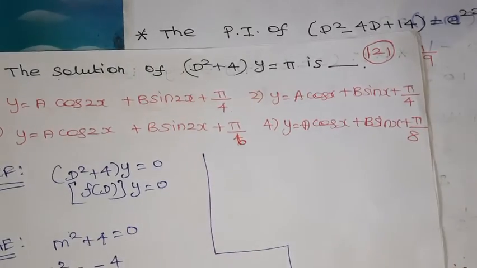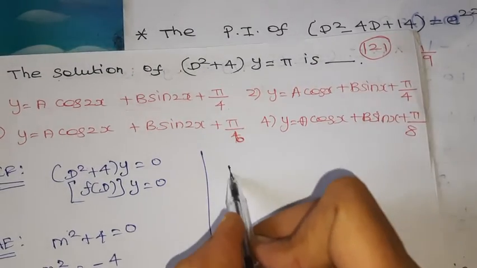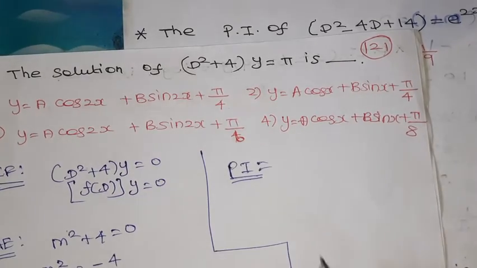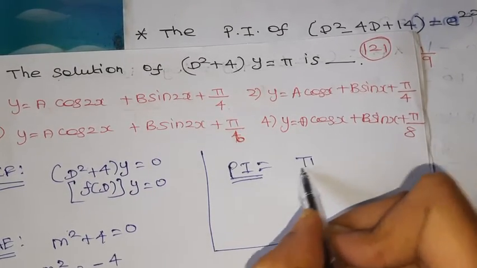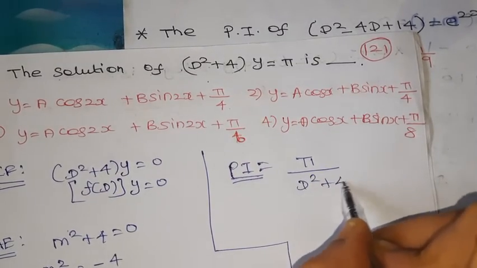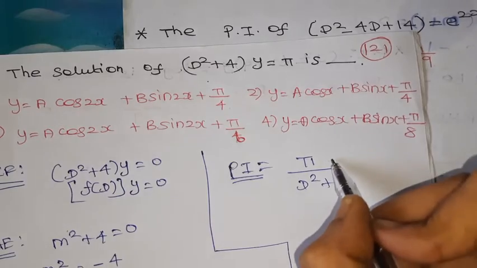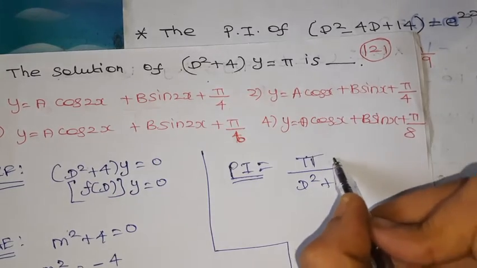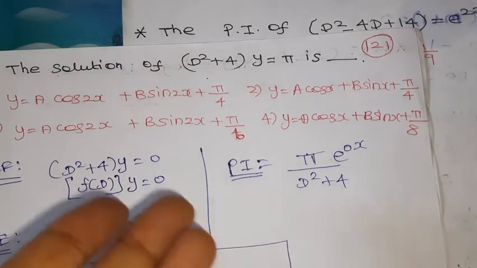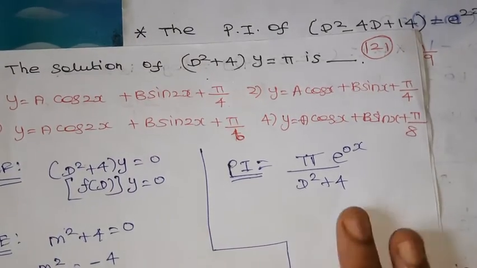To find the particular integral, we need to use the RHS: pi divided by D squared plus 4. Here we can write pi as pi e power 0x; e power anything of 0 is just 1, so it will not affect.